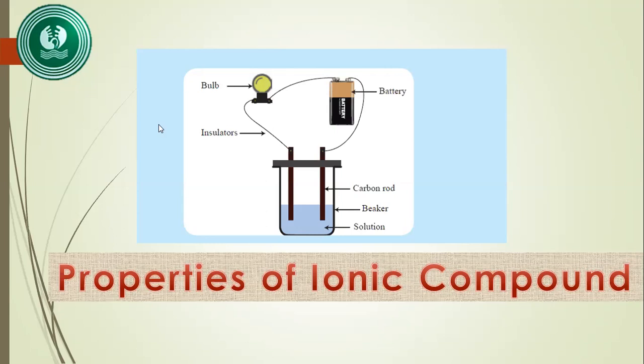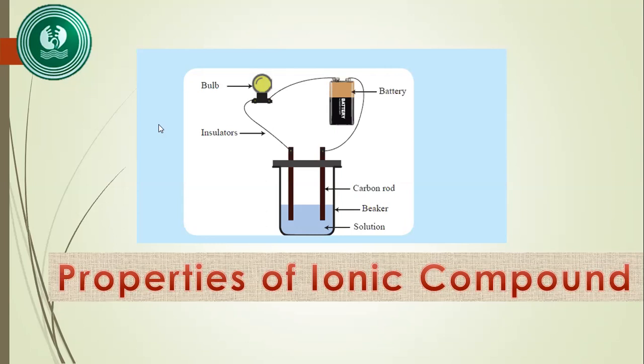So to make them movable, we should break that strong electrostatic bond. How can it be done? By giving energy to break that bond, we can make these ions movable. So by fusing, we get the molten form of ionic compounds.